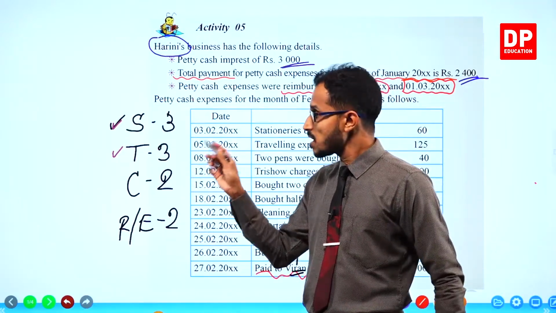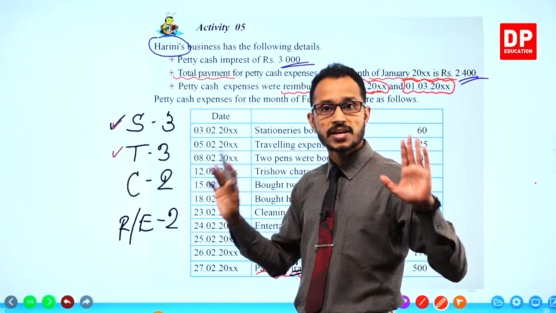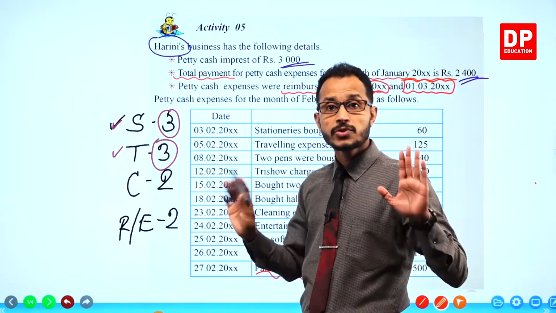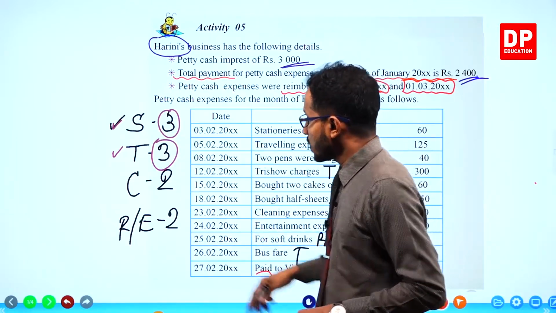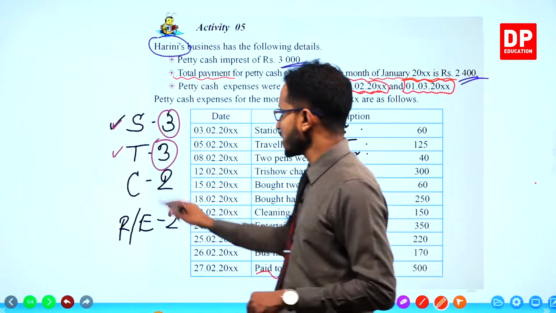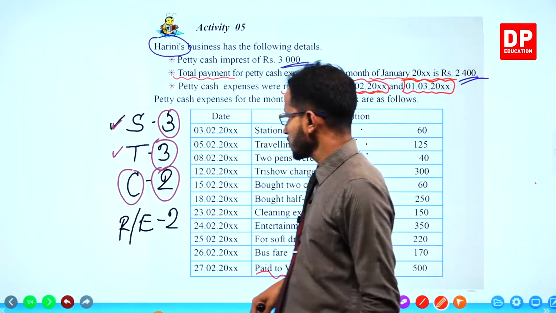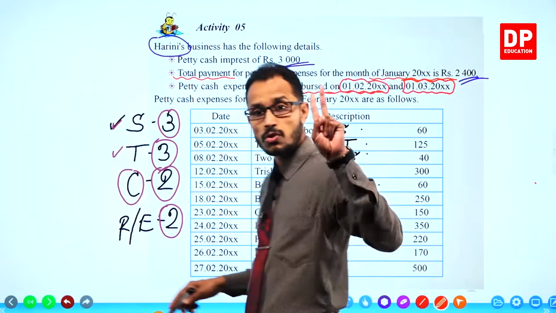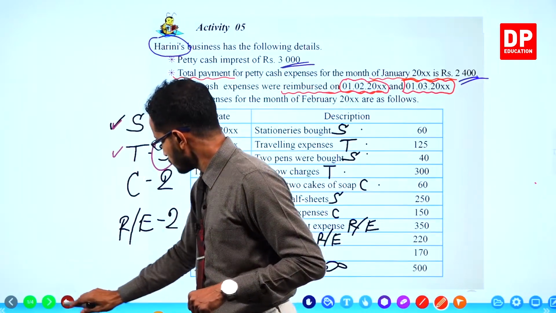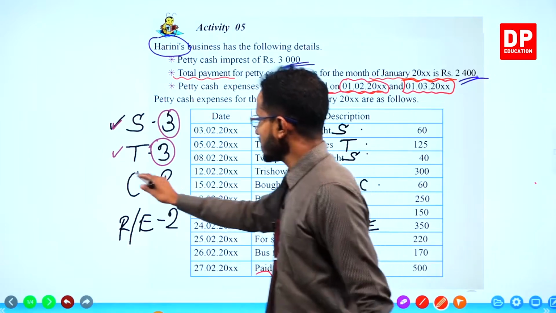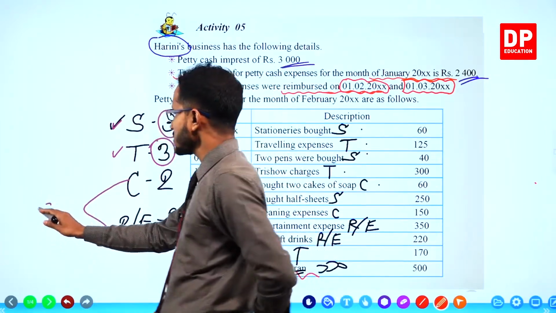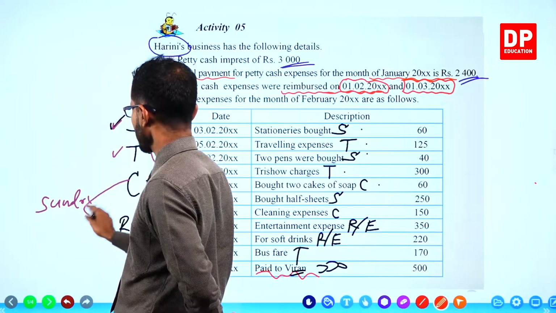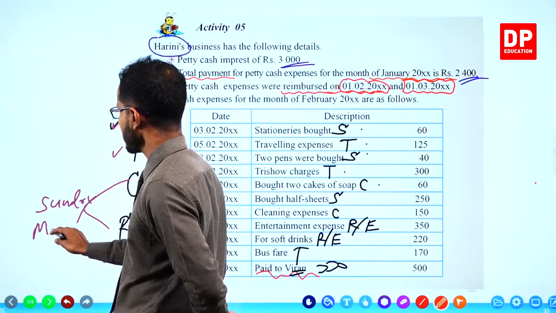So most items are under stationery and traveling, so we have to take separate columns for those 2. Cleaning and refreshments, both have 2 items under each. We can take sundry or miscellaneous.